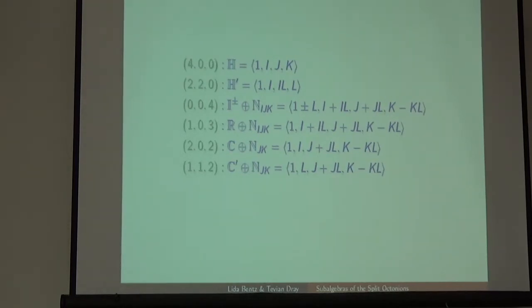Similarly, building, we can start with the reals and then tack on a 3D degenerate subspace. So we have 1, I plus IL, J plus JL, and K minus KL. And then we can take the complexes and tack on a 2D null subspace, similarly with the split complexes.